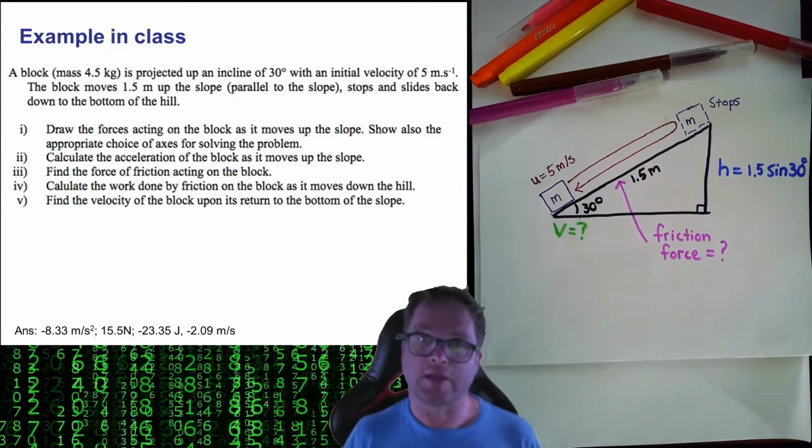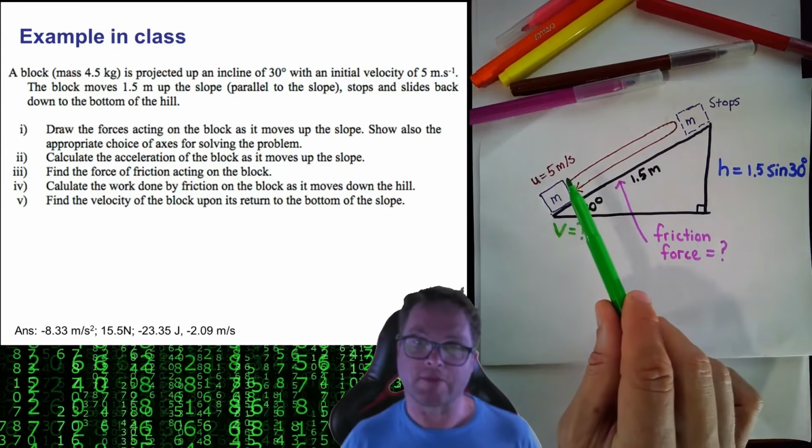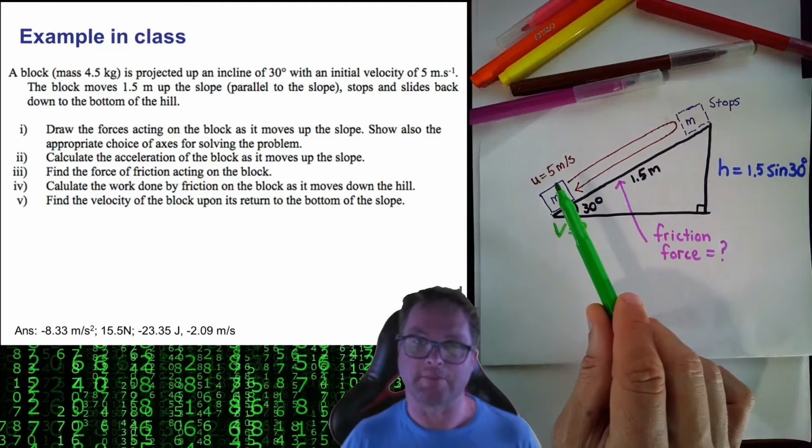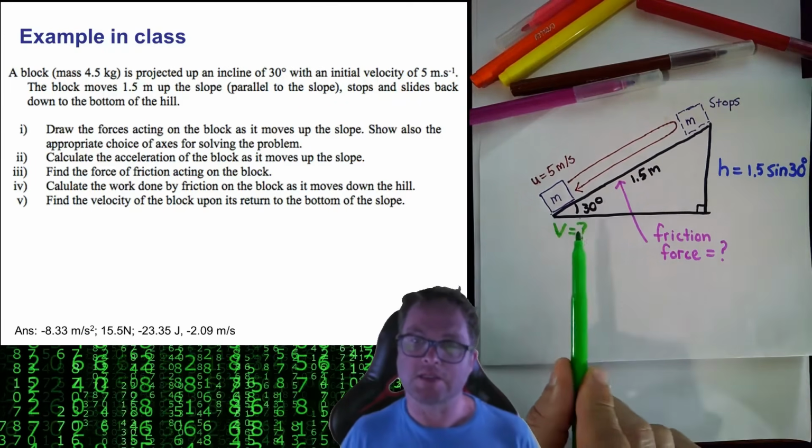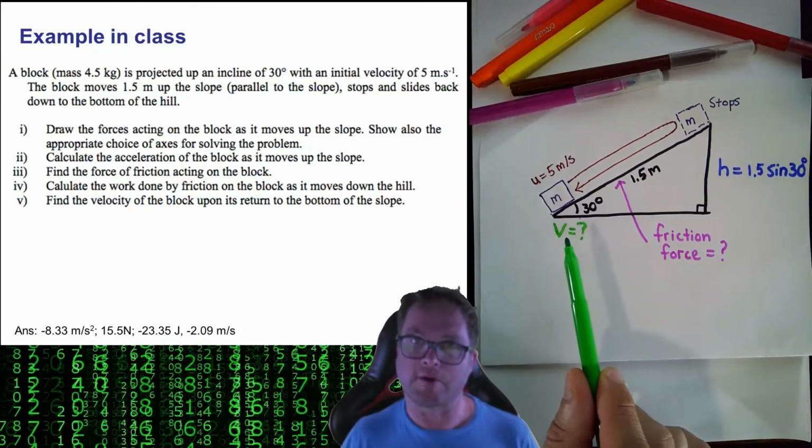But due to the force of friction, the speed that it reaches at the bottom isn't going to be the same as this 5 meters per second, because the non-conservative force friction has removed energy out of the system. So we expect the velocity at the bottom to be less than 5 meters per second.